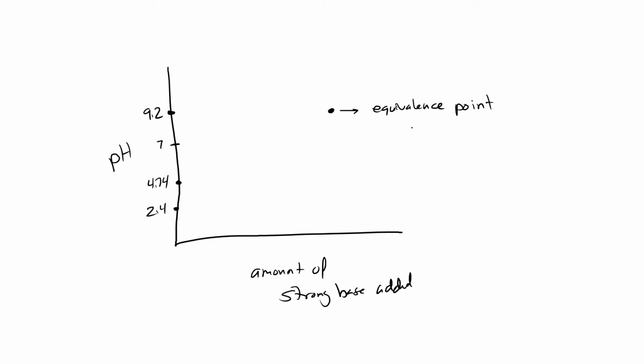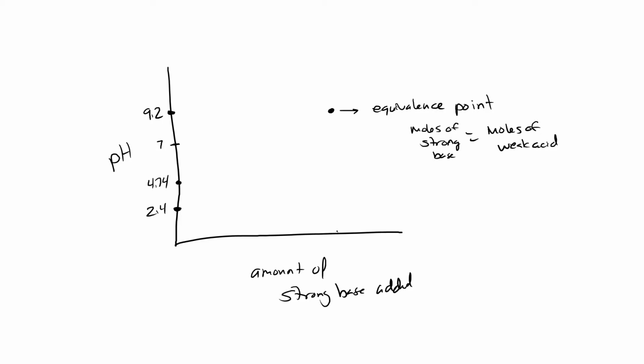Remember that that is where the moles of strong base equals the moles of weak acid. Right? So we're starting here. We have to go through 4.74 at some point, and then we're going to get to here. Now, where does our line cross 4.74?